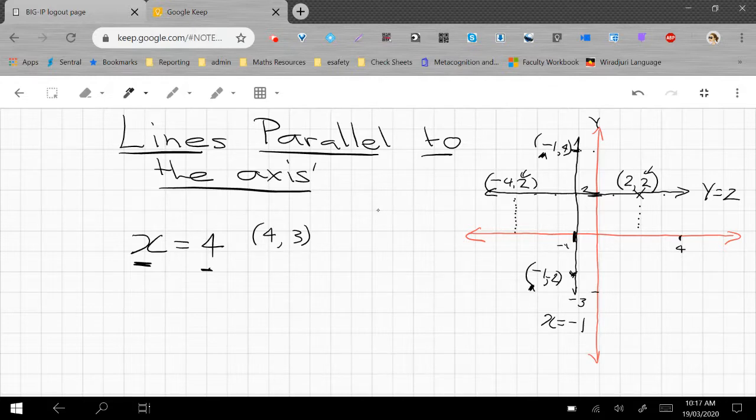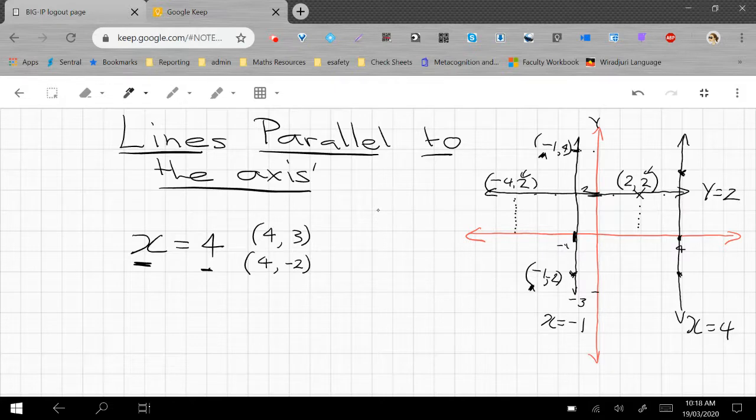So if I go to my graph, where the x is 4 and the y is 3 is that point there. If I was going to graph (4, -2), again, the x is 4 and go down to -2 is there. So for all points of x, where x is 4, there's our line where x equals 4.